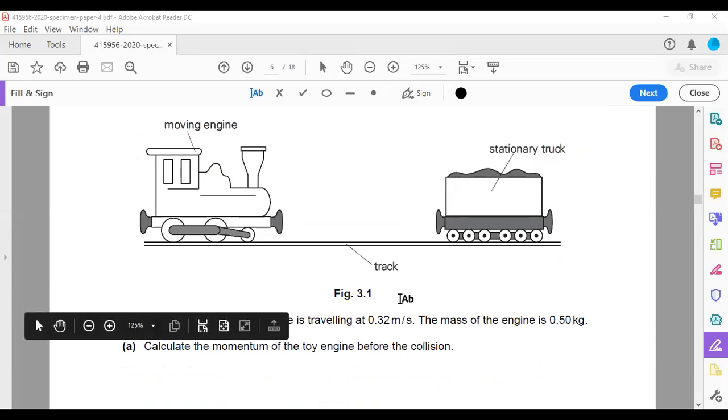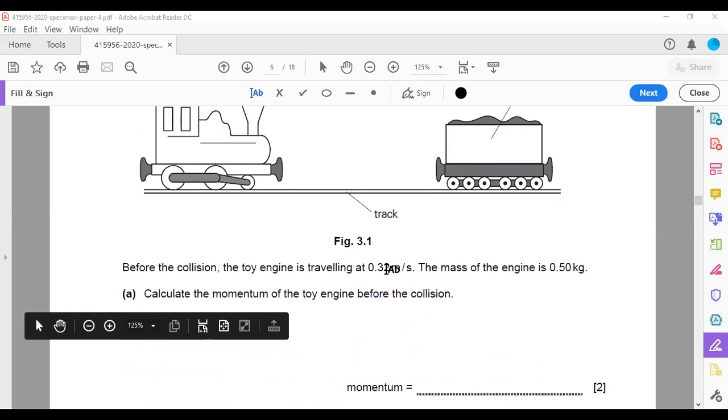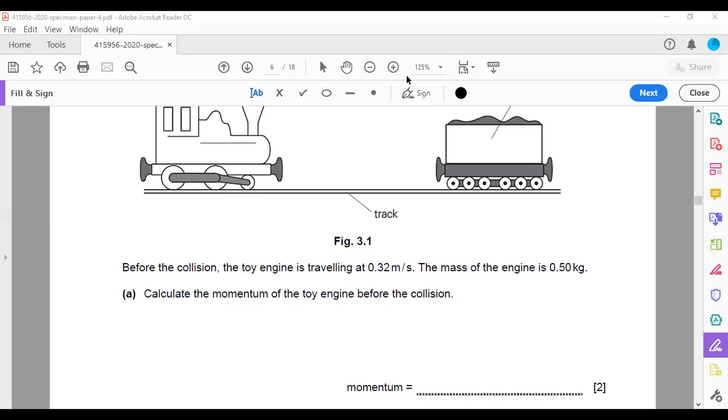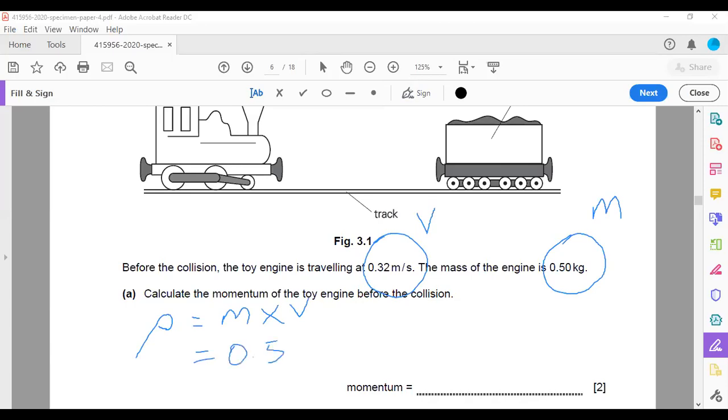Good. So your toy engine has a speed, which is velocity here, and here is your mass. Momentum, which is a funny shape P, is equal to mass times velocity. Your mass was how much? 0.50 kilogram multiplied by 0.32 meter per second.